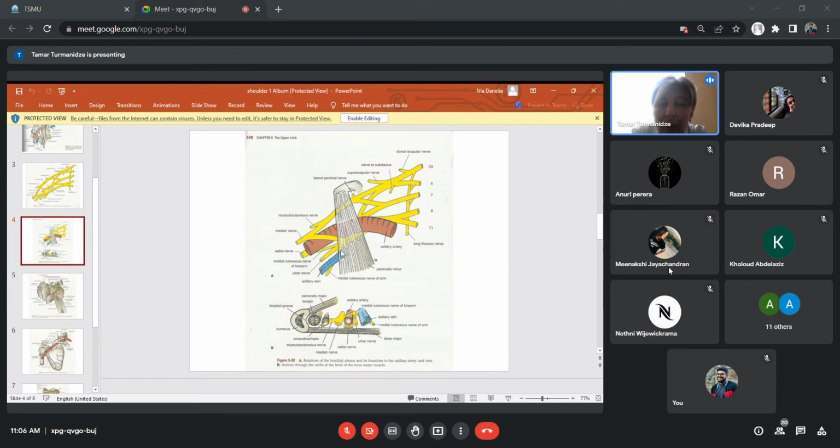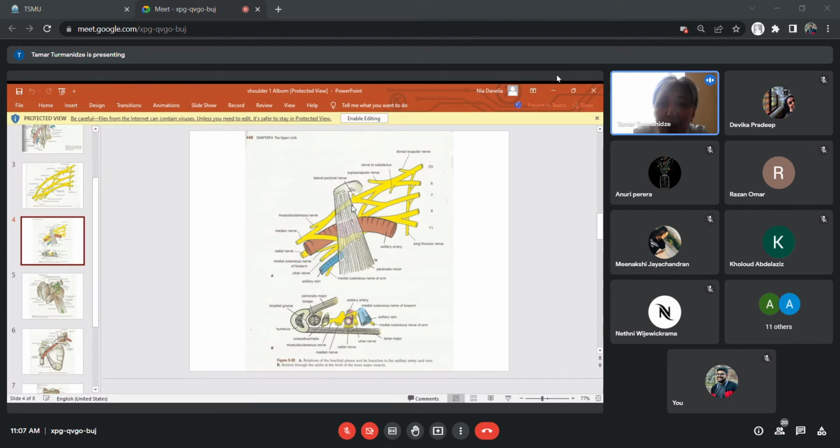So in the subpectoral triangle, we have what? Axillary vein, axillary artery, and branches of the brachial plexus. Those nerves which come from the medial cord of the brachial plexus touch the artery on the medial side.